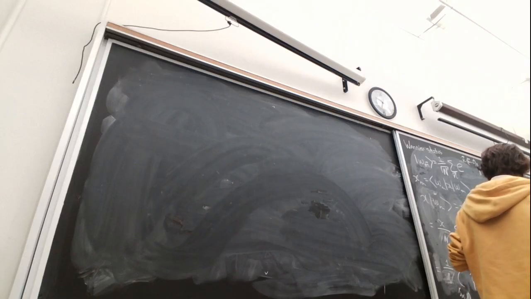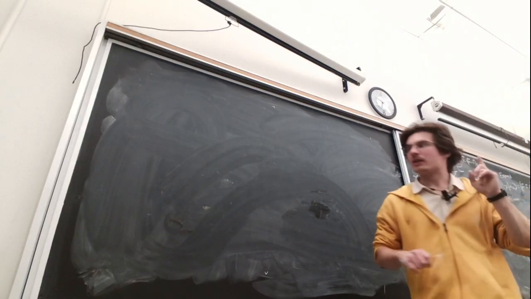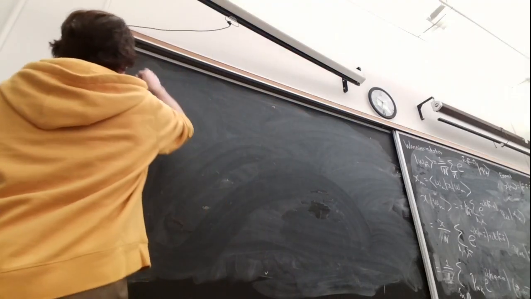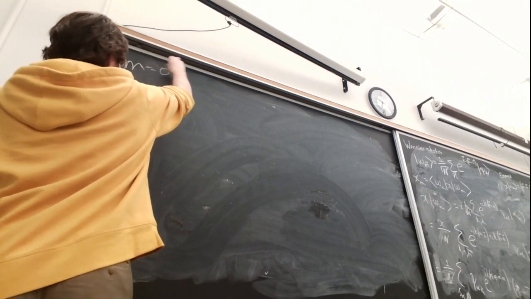But this n is kind of in the way, so I want to put it somewhere. And one thing I realized, wait a second, this looks really close to me taking a derivative of this phase factor with respect to k.